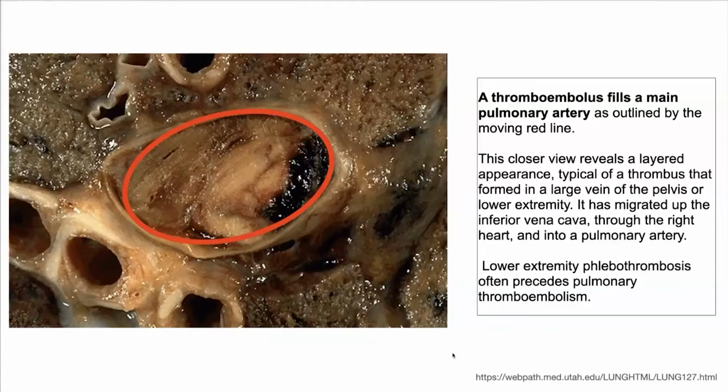Obviously you can observe here that the embolus fills up the lumen 100%. This is a case of sudden death in PE.